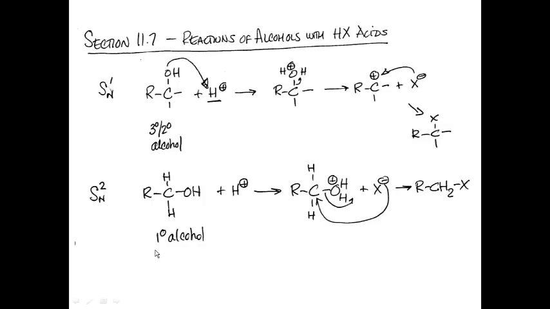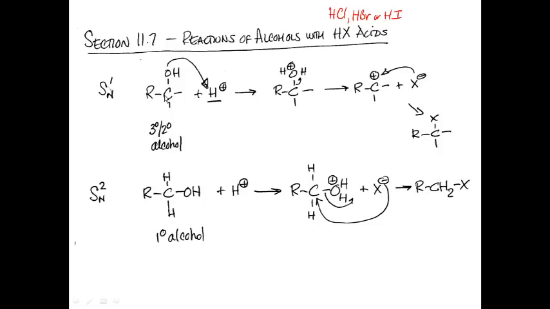Well, last semester we saw that if you take an alcohol and you react it with HX, where HX is HCl, HBr, or HI, we would substitute the OH for the halogen. The mechanism depends on whether it's a primary, secondary, or tertiary alcohol.